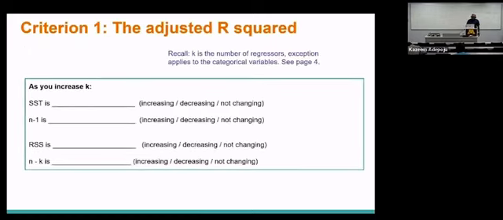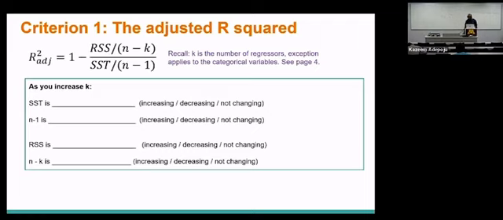Now what is the formula of the adjusted R squared? That is the formula of adjusted R squared. If you take a look at the other side, you're going to see RSS divided by SST.